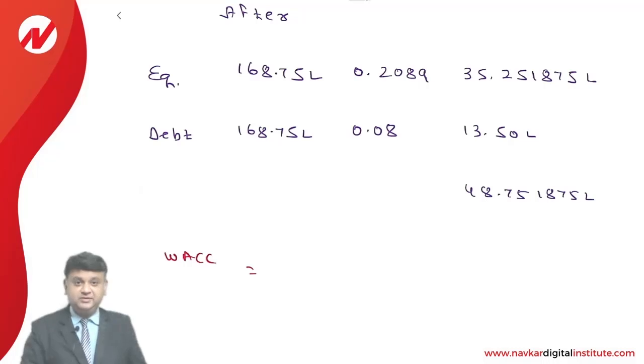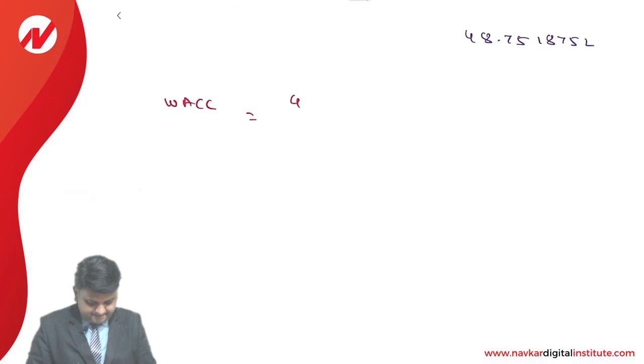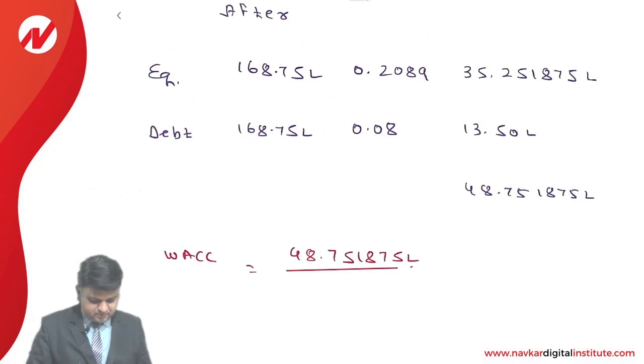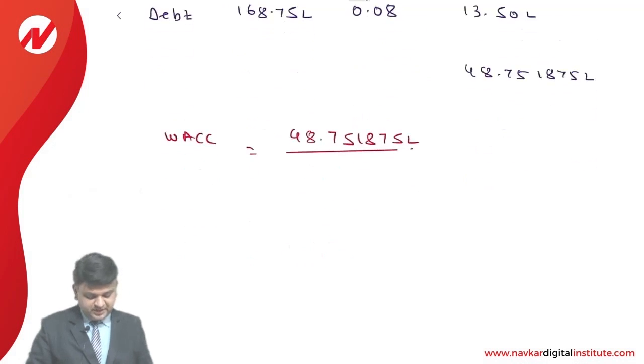Based on that, the weighted average cost of capital: 48.751875 lakhs divided by the total, which is 337.5 lakhs.